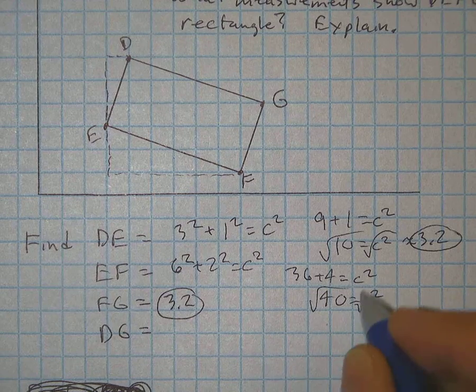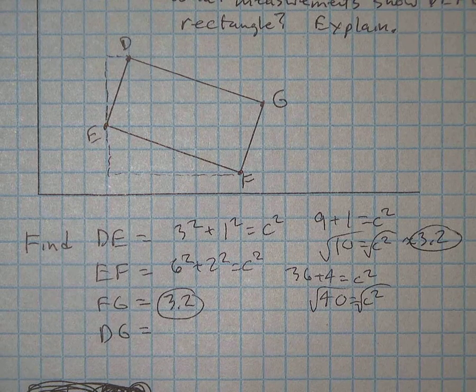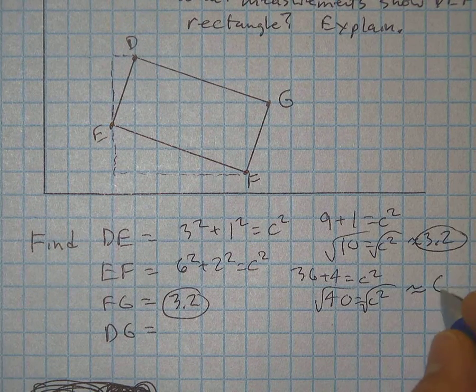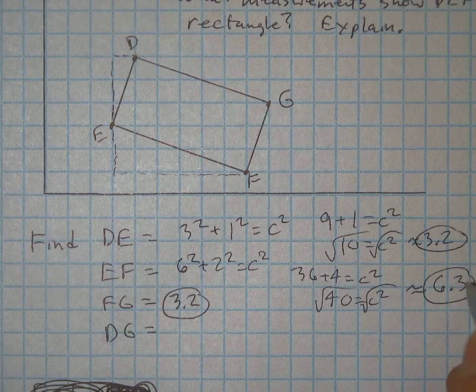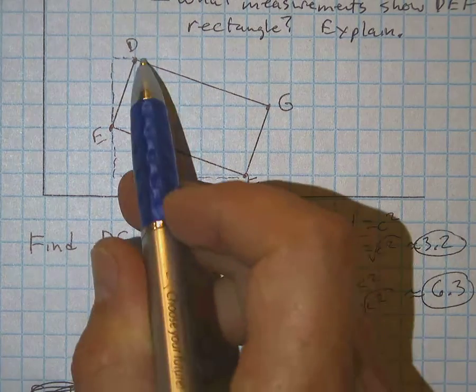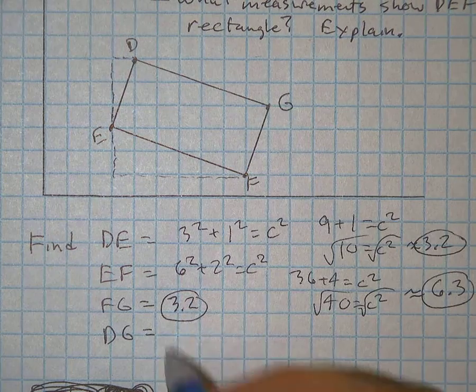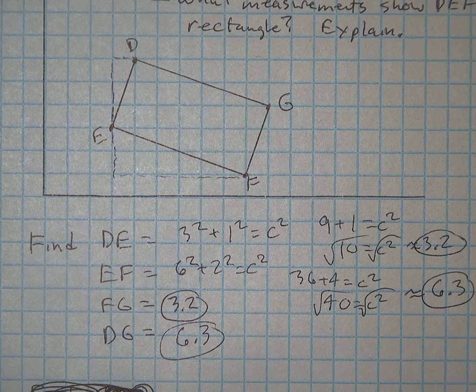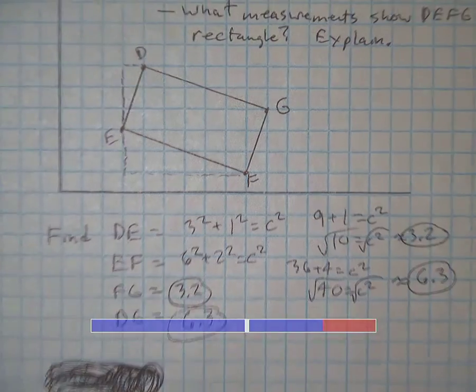Take the square root and figure out the square root of 40 is going to give me approximately 6.3. So that means that EF is 6.3, and DG, if you notice, it's also going to be 6.3 units.